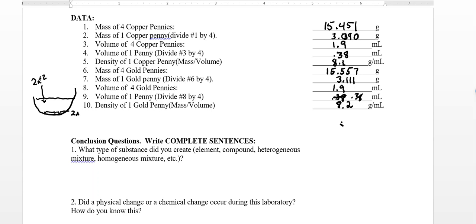Now, I don't pretend to completely understand this reaction. This is really a high level reaction as far as understanding it. Basically, when you put the copper penny in there, the zinc ions were attracted to the copper penny and stuck on the copper penny.